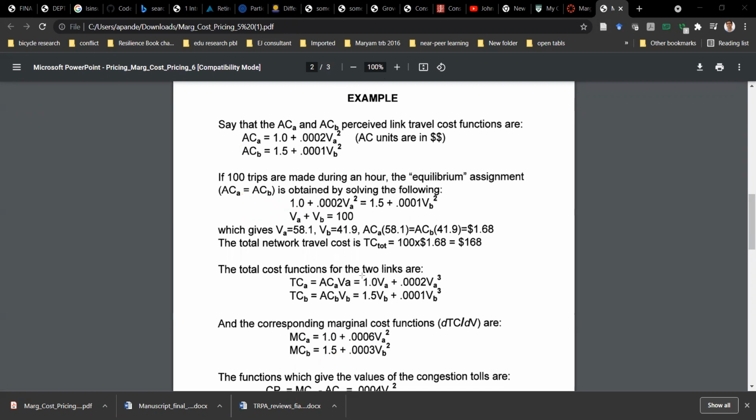So you take the derivative of this equation with respect to VA, and you end up with the first one. And then if you take the derivative with respect to VB for this equation, you end up with MC of B. Okay.